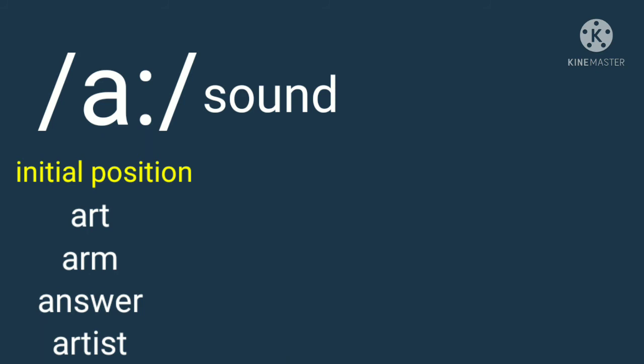Then artist, art. All these words begin with this sound. There are many more words that you know beginning with this sound. It occurs in all the three positions, initially, medially, and finally in words.